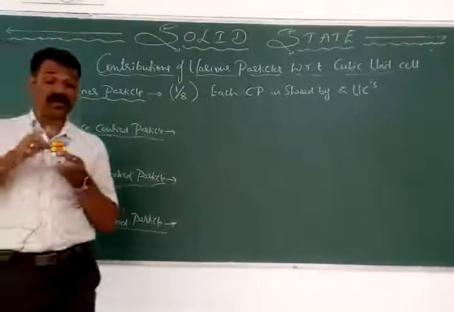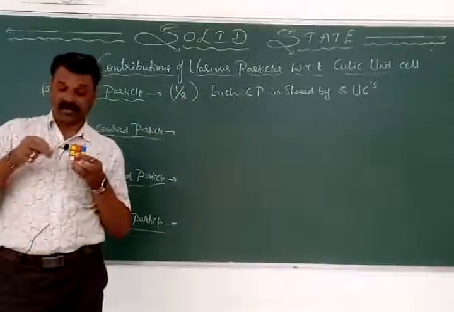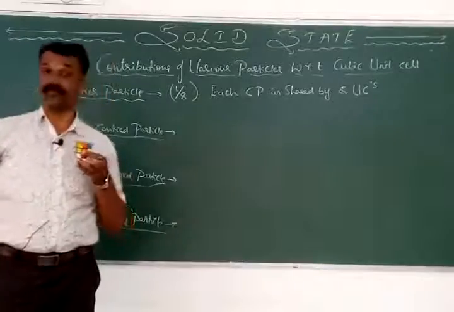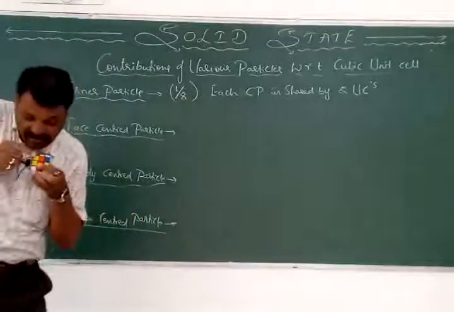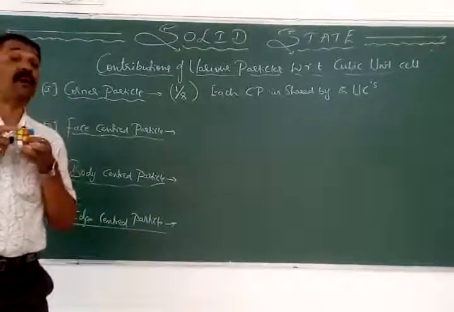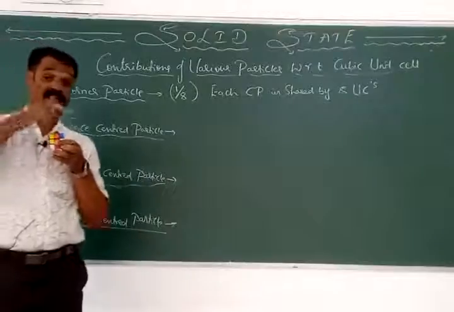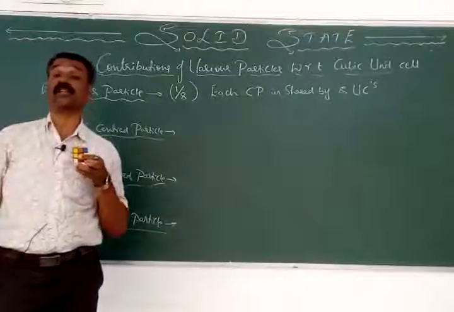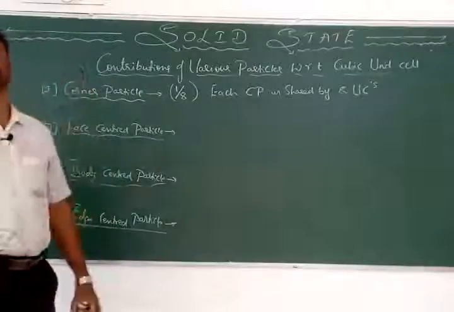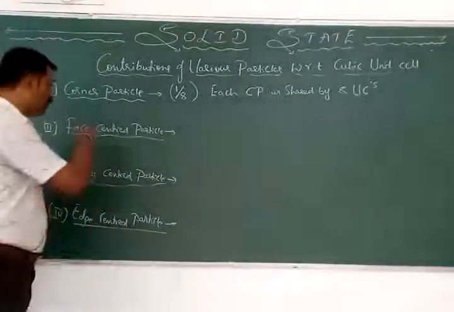Here we are having 1 unit cell, here another, here totally 4, 4 plus 4. If I observe this particular unit cell, it is exactly at the center and it is not visible. But this corner particle is equally shared by 8 unit cells. Therefore, the individual contribution is just 1 by 8th.